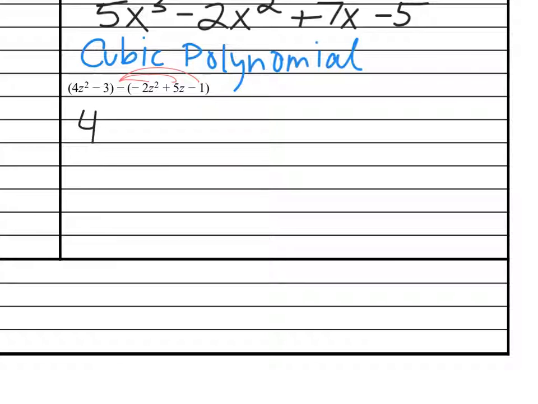So the first parentheses stay the same. And then negative times a negative would give me plus 2z squared minus 5z plus 1. So it changes the sign because you're subtracting. Please combine your like terms, make sure it's in standard form, and then name it. Go ahead and try this one on your own.